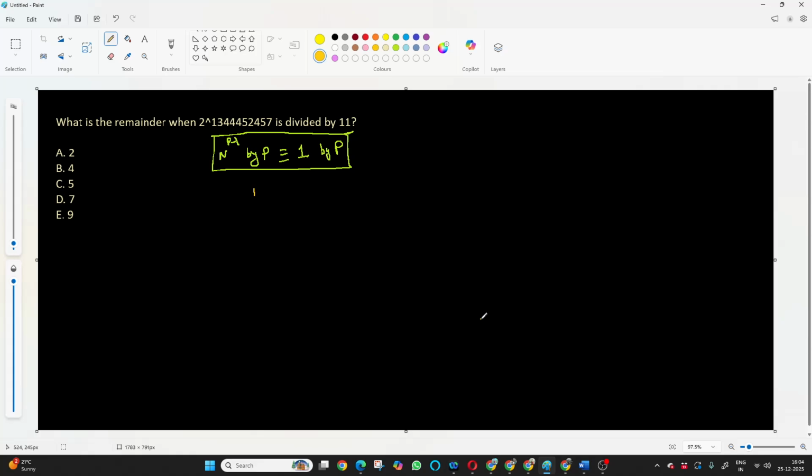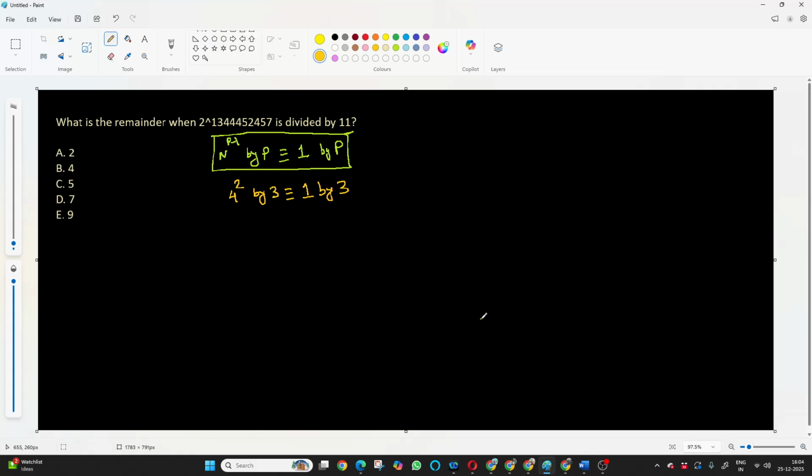So let's say we are doing a division by 3, which is a prime number. And here n, let's take as 4, because 4 and 3 are relatively prime. There is only 1 which is a common factor between these two. So what this theorem is saying is that 4 to the power of p minus 1, which is 3 minus 1, which is 2, so 4 to the power 2 divided by 3, gives a remainder of 1.